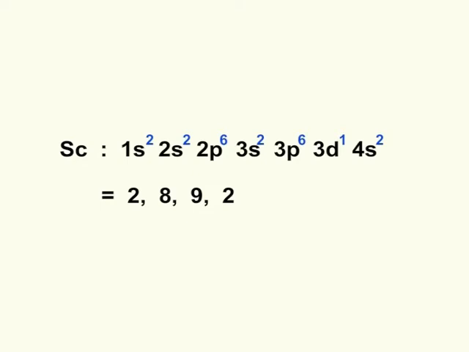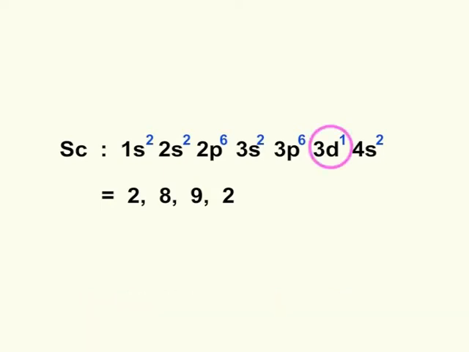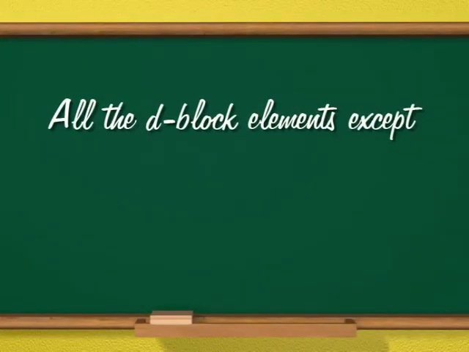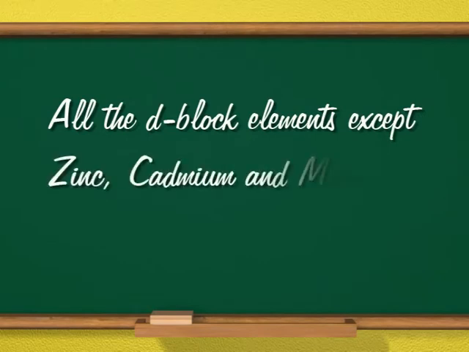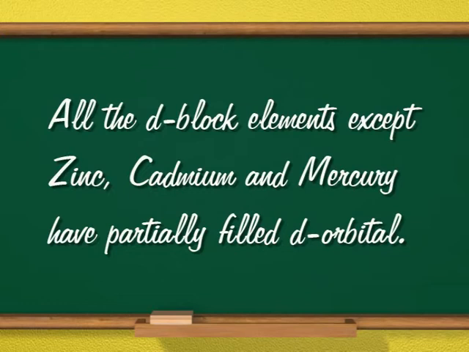It shows that it has an incompletely filled d orbital. It has only one electron in its d orbital. All the d block elements except zinc, cadmium and mercury have partially filled d orbitals.